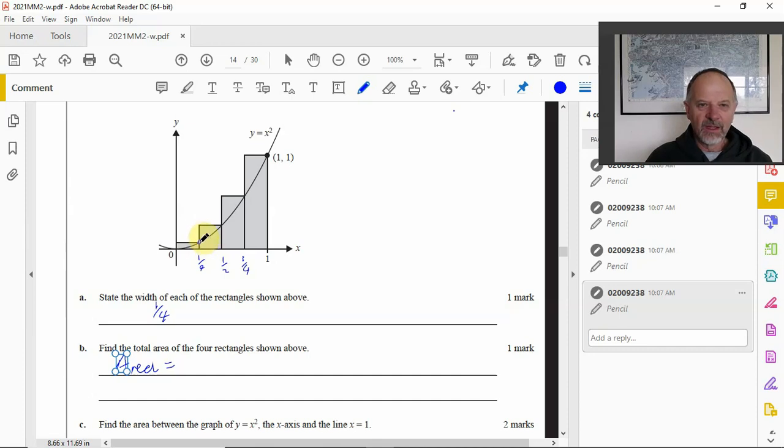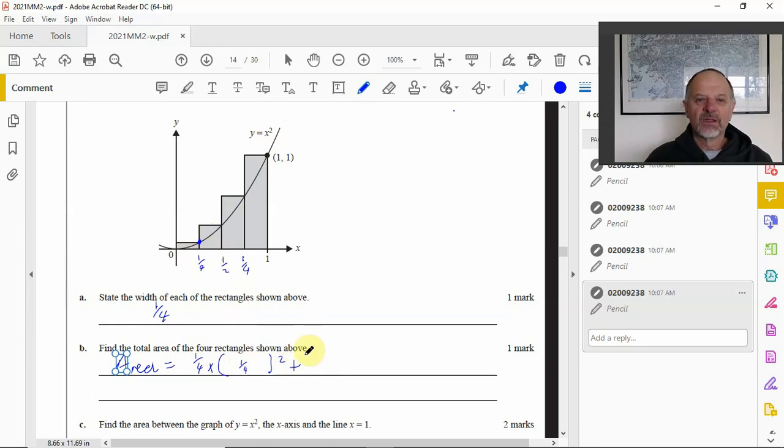The y value relates to x squared. So the area is the width, 1/4, times the height. The height is the x value of that point squared, so in this case, it's 1/4 squared.